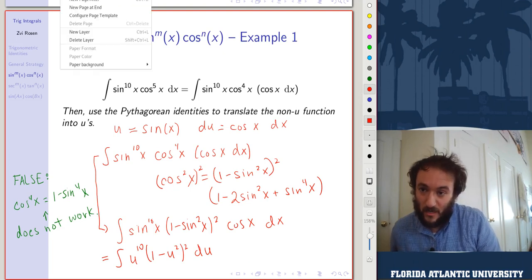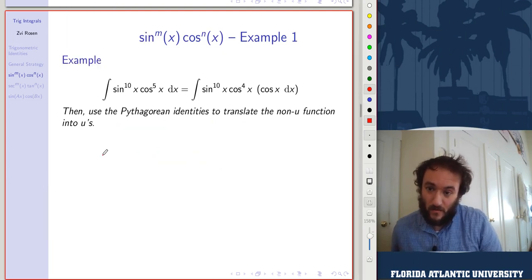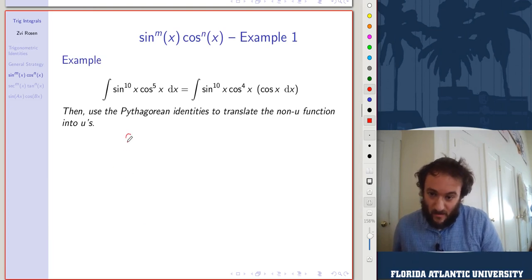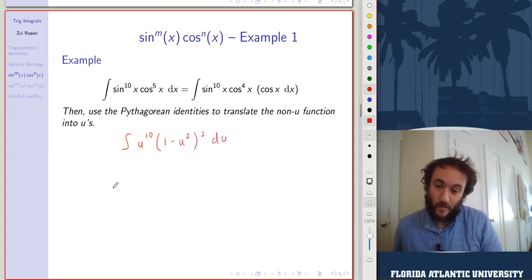I'm going to add an extra page in here. So we were just at u to the 10th times 1 minus u squared, squared, du. And we'll multiply out as we had above. So it's u to the 10th times 1 minus 2u squared plus u to the 4th du.